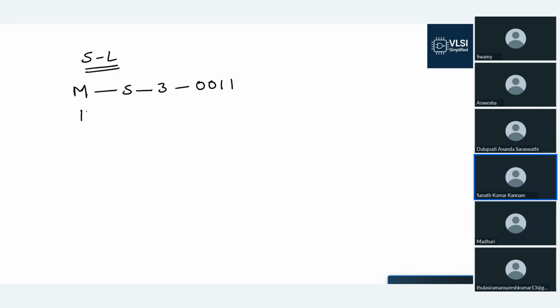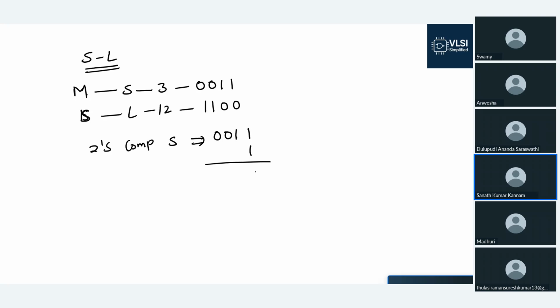And the subtrahend is the larger value, that is 12. 12 is 1100. First you need to apply the 2's complement for the subtrahend. If you apply 1's complement first, changing zeros to 1s and 1s to zeros, 0011, adding 1 to this: 1 plus 1 is 0, carry 1.